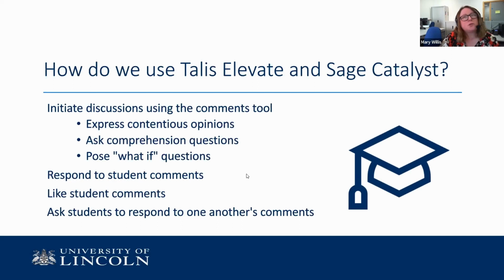It's quite useful to sometimes put something in that you know is wrong, or that you know is going to prompt discussion because perhaps it's a contentious opinion. That works quite well at hooking the students in, because they're keen then to argue with you and perhaps present the other side of the case.